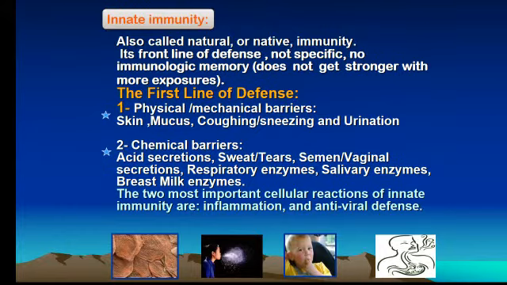First, physical mechanical barriers: skin, mucus, coughing, sneezing, and urination. Two, chemical barriers: acid secretions, sweat, tears, semen, vaginal secretions, respiratory enzymes, salivary enzymes, and breast milk enzymes. The two most important cellular reactions of the innate immune system are inflammation and antiviral defense.